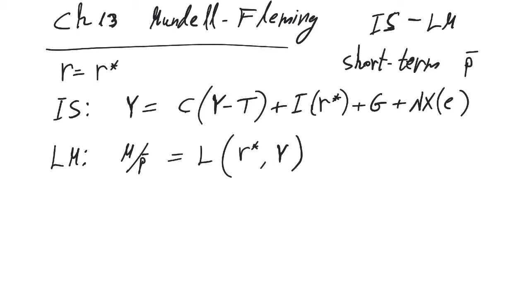And this can also be inverted to find the output as a function of money and world interest rate, because the prices are fixed. And so we can put these two equations on the diagram of the international open economy ISLM framework. And so let's do that.